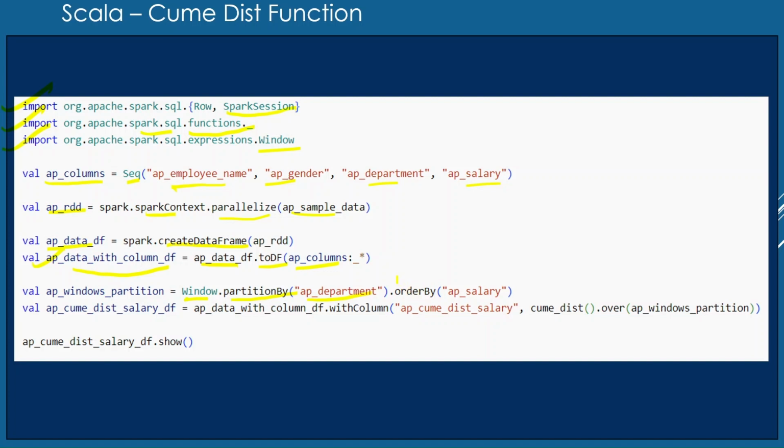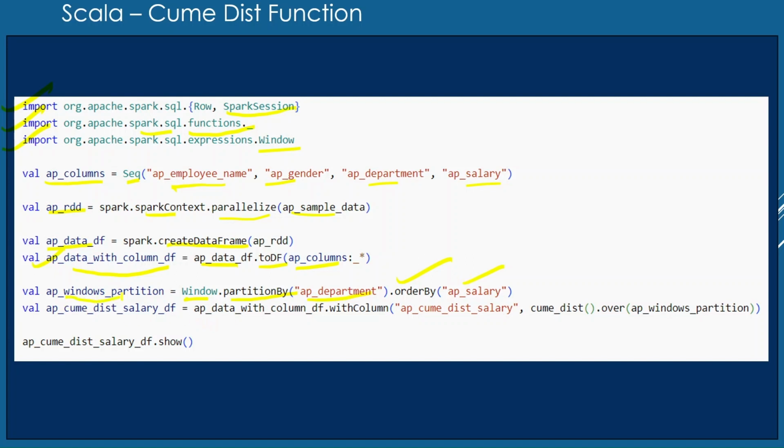Here I am defining the order by clause. By taking the value of AP salary, it will organize the data in each partition based on the AP salary, either in ascending or descending order. Here I am not providing any ordering, so by default Spark will order in ascending order.